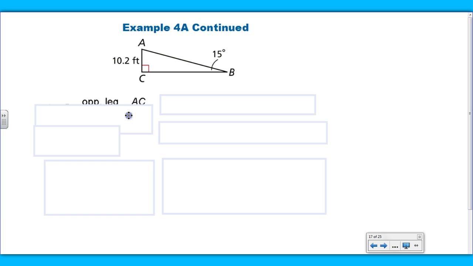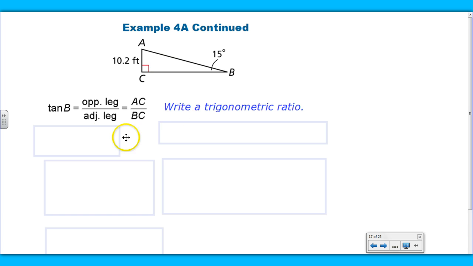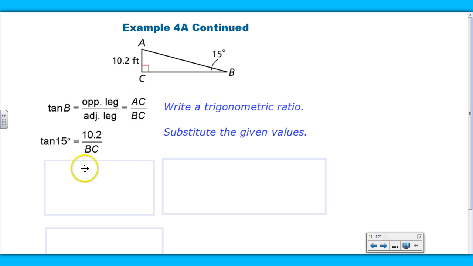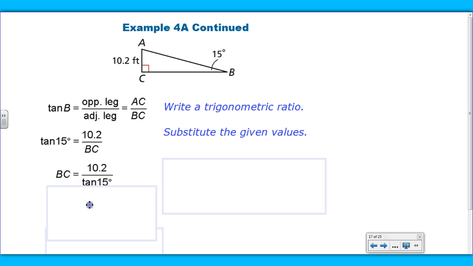So we can say that the tangent of B is AC over BC, and that's just given our trigonometric ratio. And we can say the tangent of 15 degrees is 10.2 over BC, and that's just substitution. And we can say then that we can multiply both sides by BC and divide by tangent. Isn't that interesting?